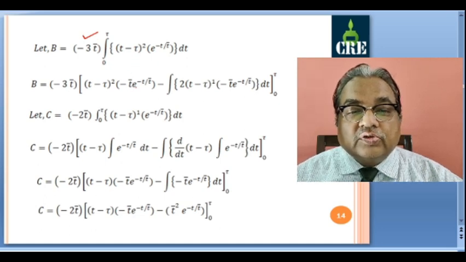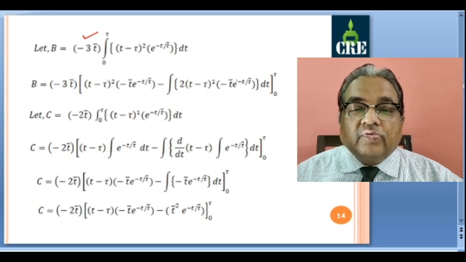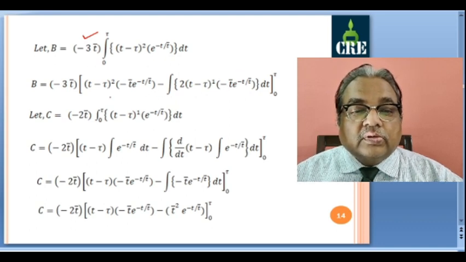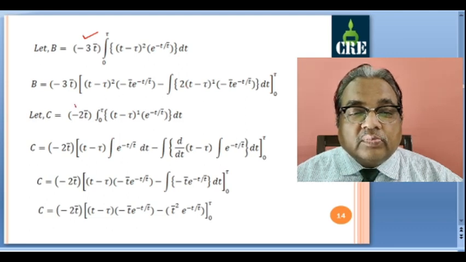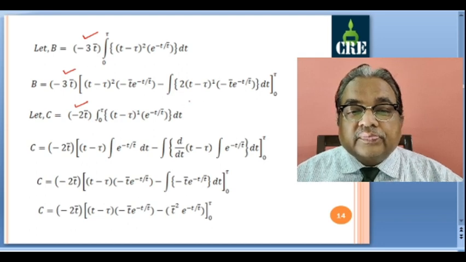First function into integration of second, the integration of this function we know, minus integration of derivative of first, which will be 2 into (t minus tau), into integration of second, that also we know, the same function, same integration. So this minus t bar and this 2, I will take outside, minus 2 t bar, the way we have taken this minus 3 t bar, and this (t minus tau) into e raised to minus t by t bar.